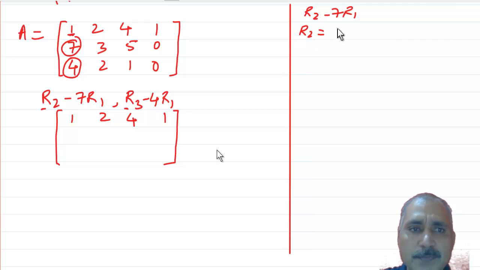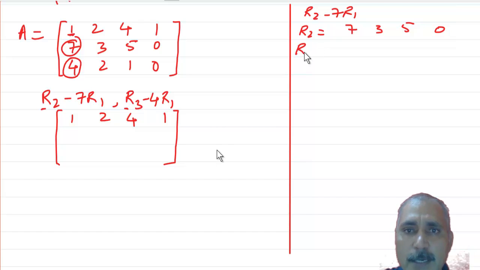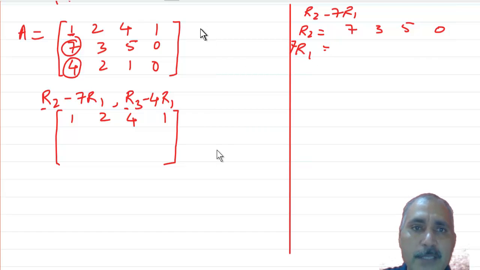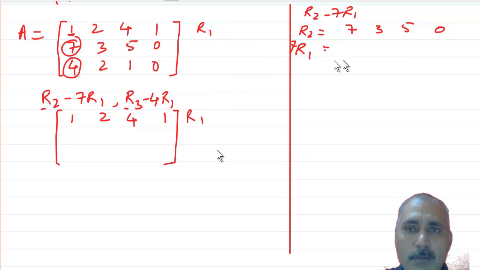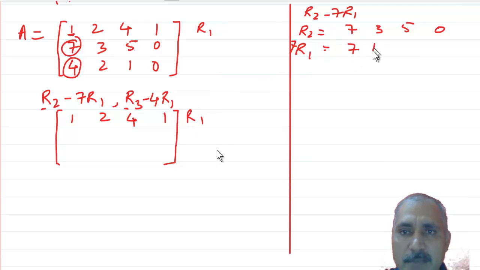R2 elements are 7, 3, 5 and 0, and 7 times R1: we will multiply the R1 elements by 7. 1 into 7 will be 7, 2 into 7 is going to be 14, 4 into 7 is 28, and 1 into 7 is going to be 7.